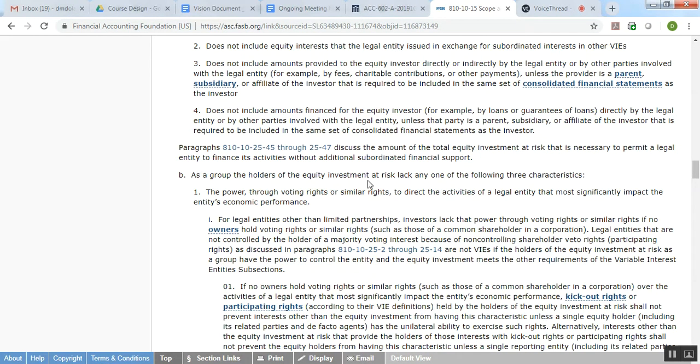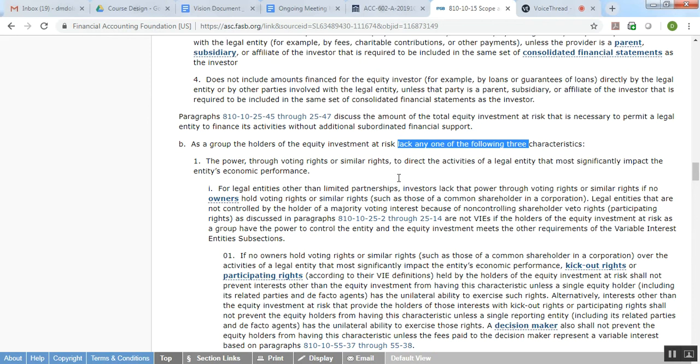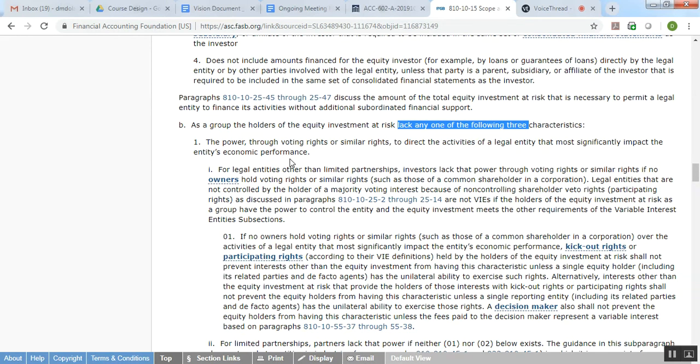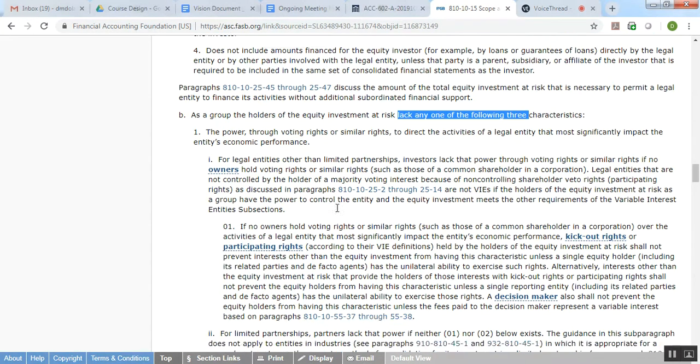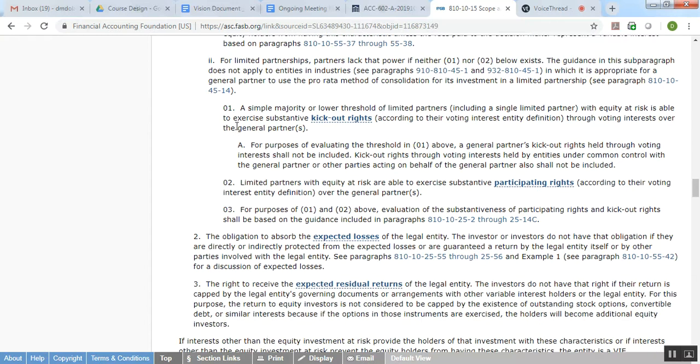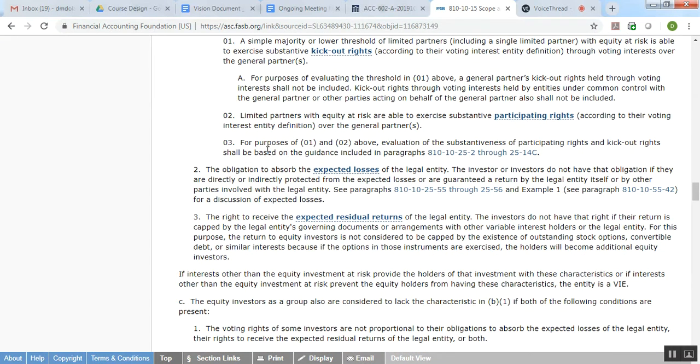As a group, the holders of the equity investment at risk lack any one of the following three. So if they do not have any of these, then you go through the guidance and review those. I picked some pretty heavy guidance here to go through because this is an example of how the language impacts your interpretation.